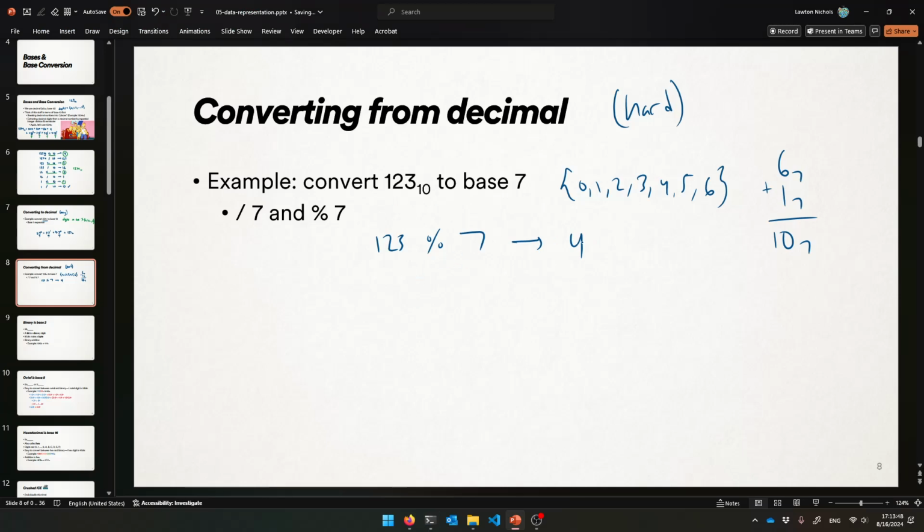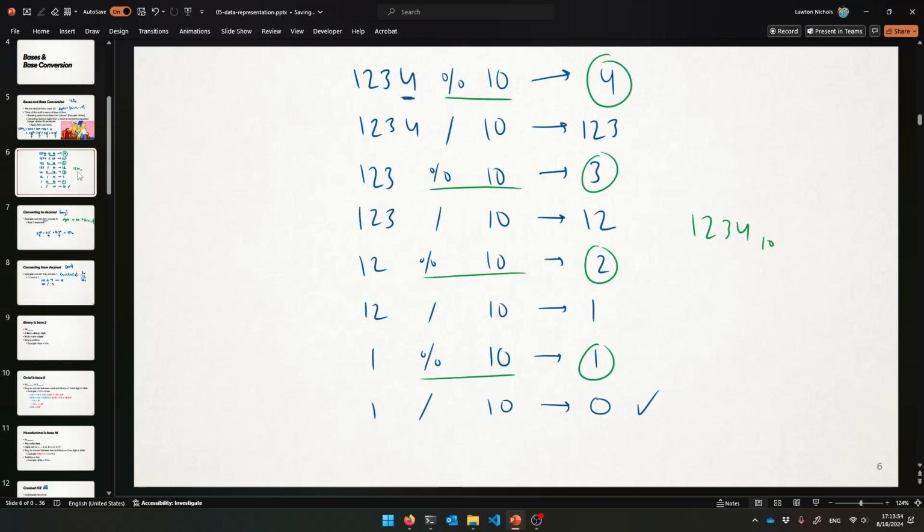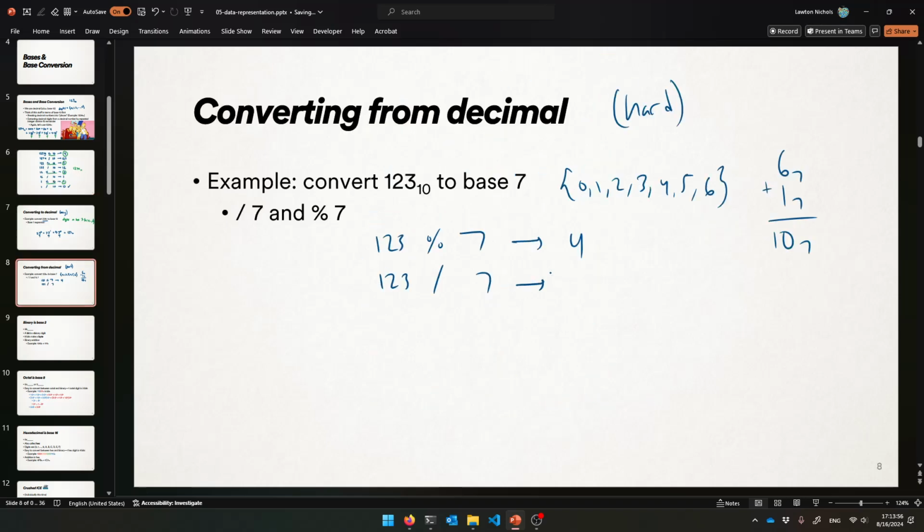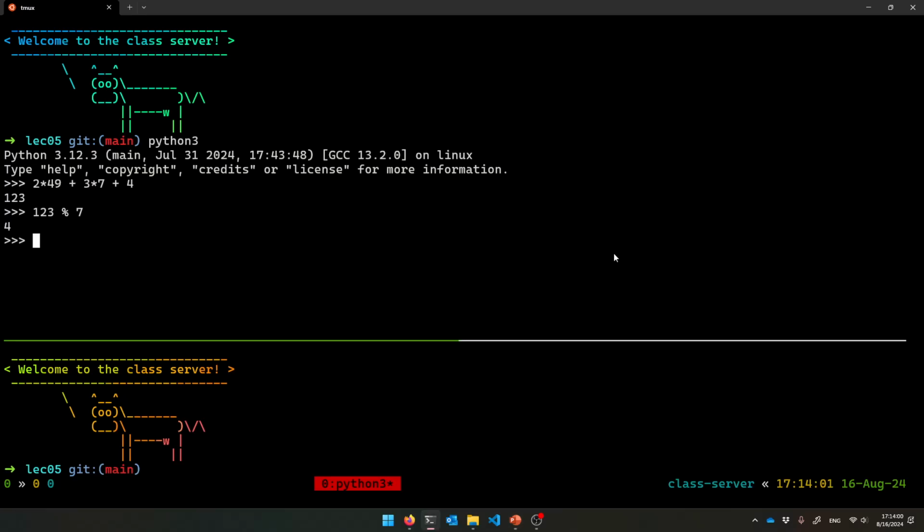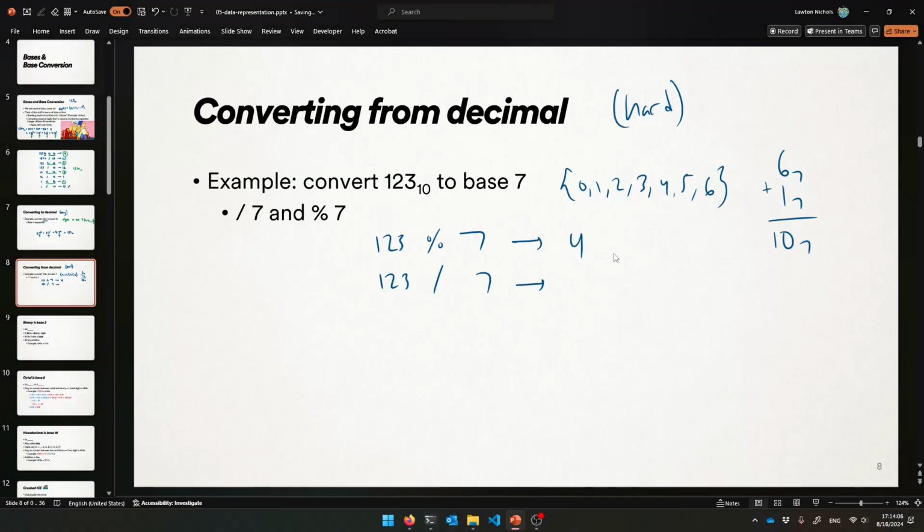And now let's chop off that 4 in base 7 land by taking 123 and doing integer division by 7. Again, this is the process all over again, just in base 7. That will give us the new number to extract all the base 7 digits of. In Python, it's two slashes to do integer division. So it's 17.